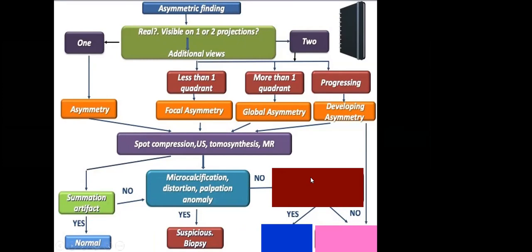If it is not associated, if there is no associated palpable abnormality, microcalcification, or distortion, here I will ask for history of trauma, surgery, or weight loss, or hormonal replacement therapy.